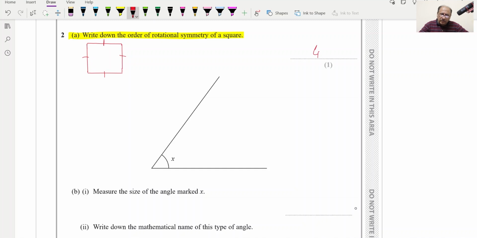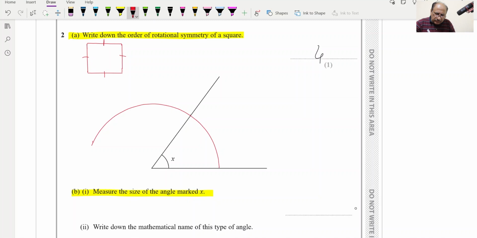And then we can move to the next question, and the next question says measure the size of the angle marked X. So we have to measure this angle. For that we will put our protractor over here.